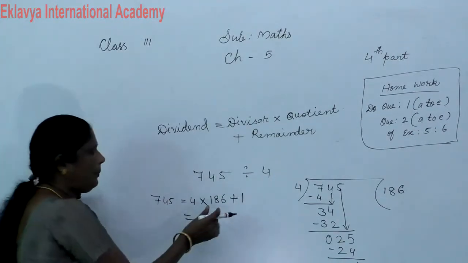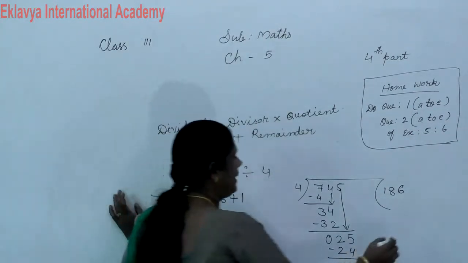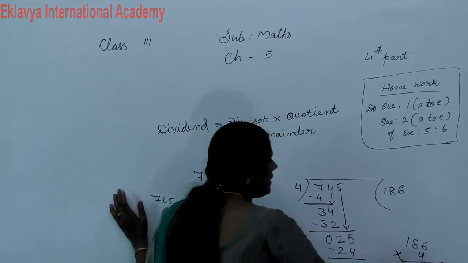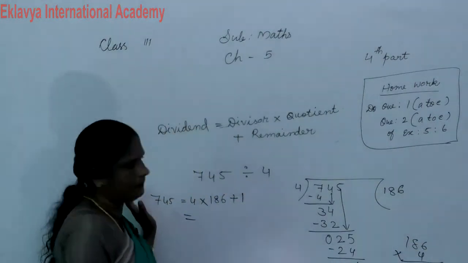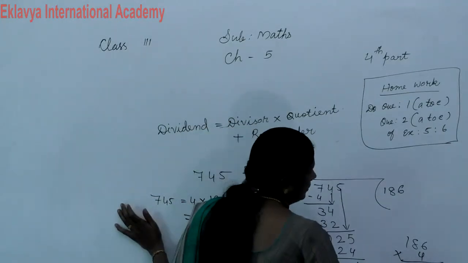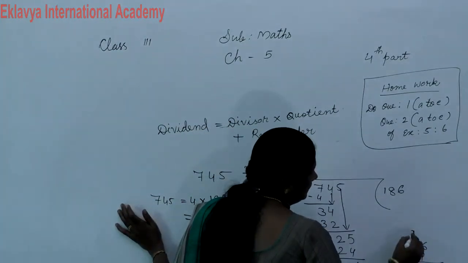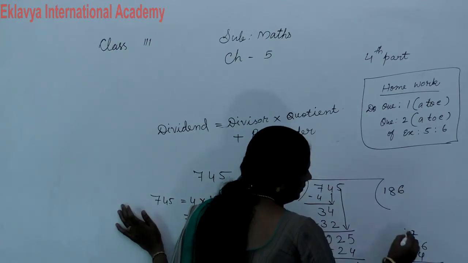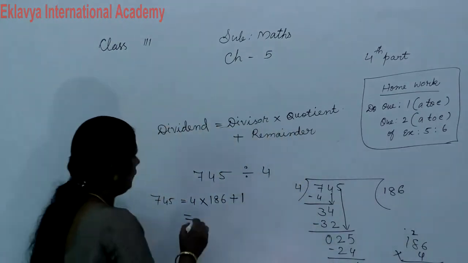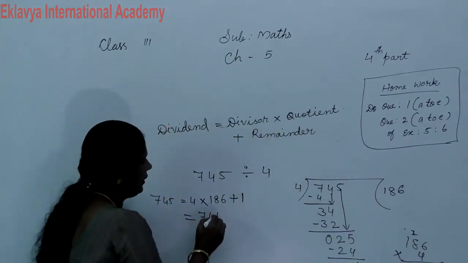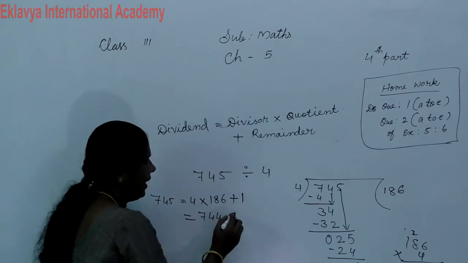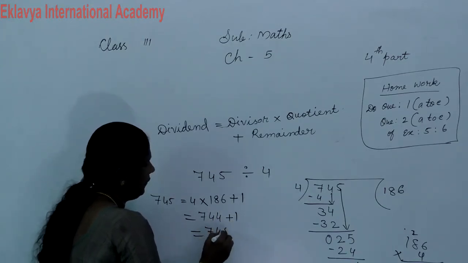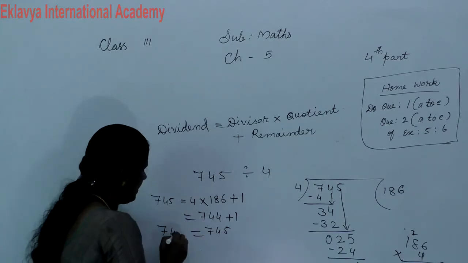Now multiply this. 186 multiply 4. First you multiply this number. 744 plus 1, then 745. Here also 745.